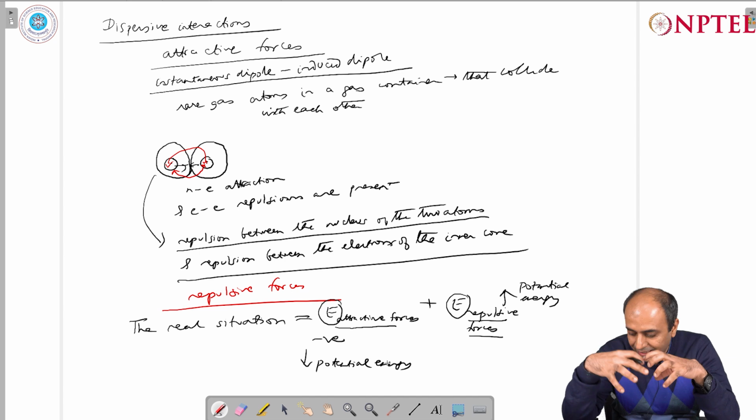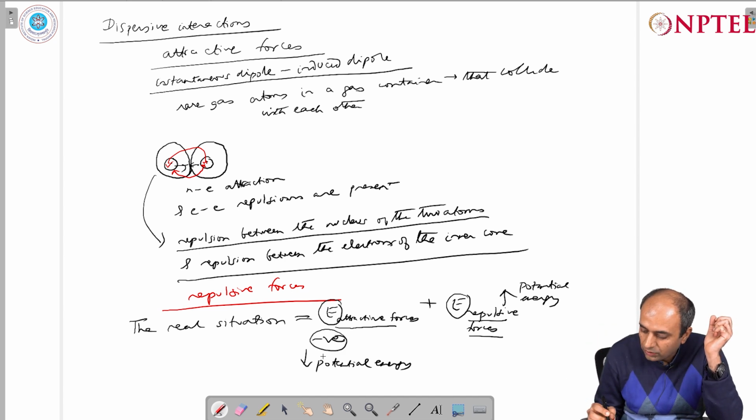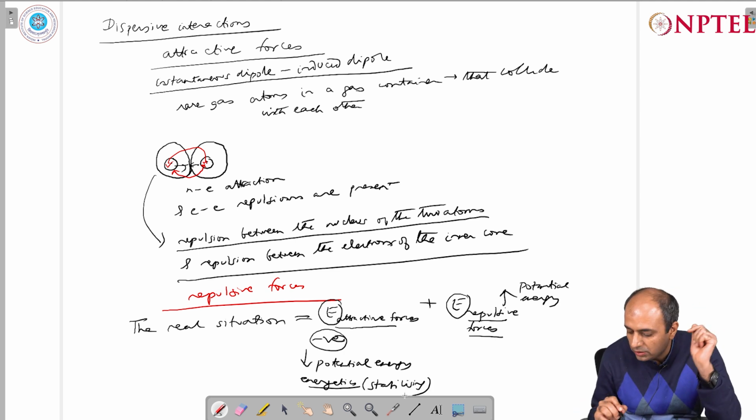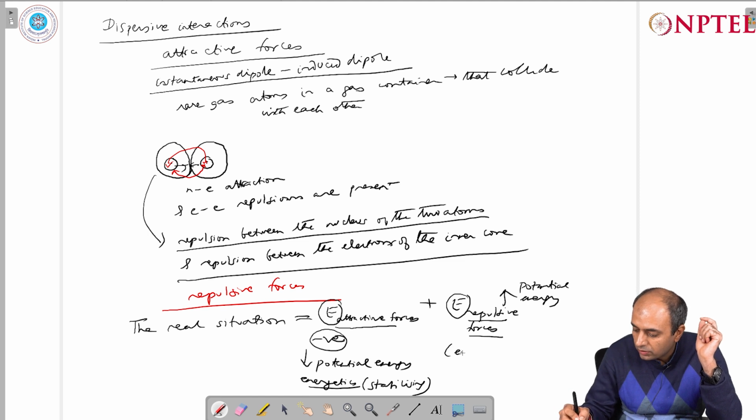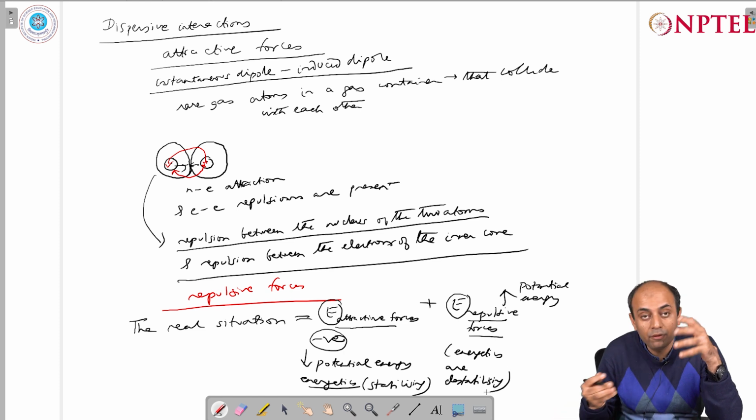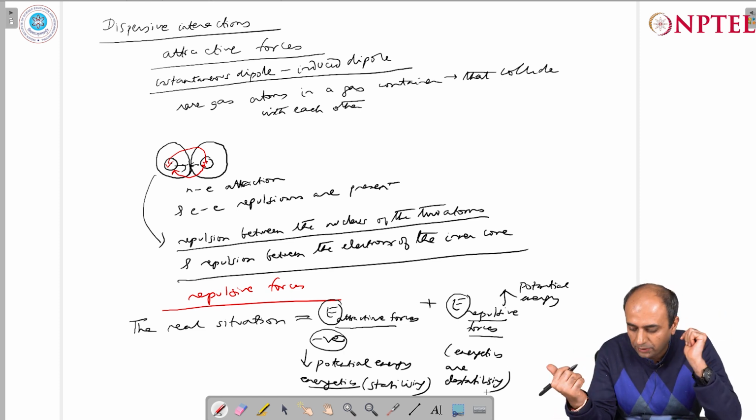Energetics are stabilizing if there is a lowering of the potential energy, and the energetics are destabilizing if you have an increase of the potential energy of the system.